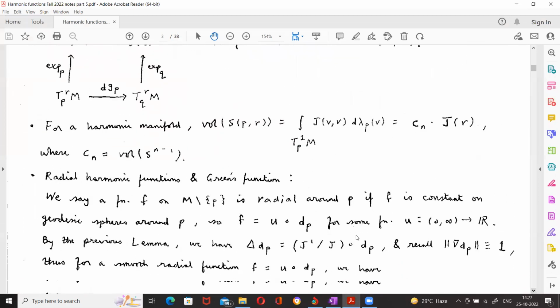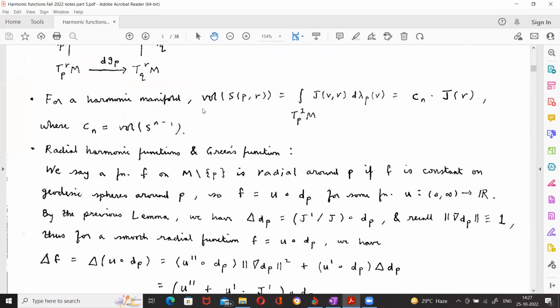So for a harmonic manifold, we already saw that for a general manifold, the volume of the geodesic sphere of radius r we get by integrating the Jacobian J_v(r) over the unit tangent sphere with respect to the volume measure of the unit tangent sphere. And this J_v(r) now doesn't depend on v, so this is just a constant J(r).